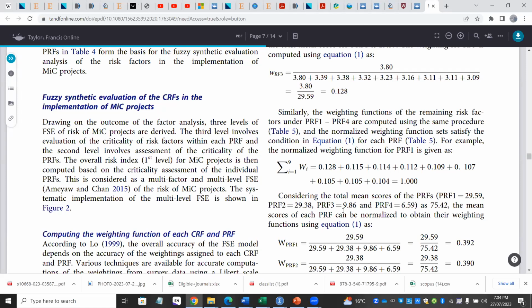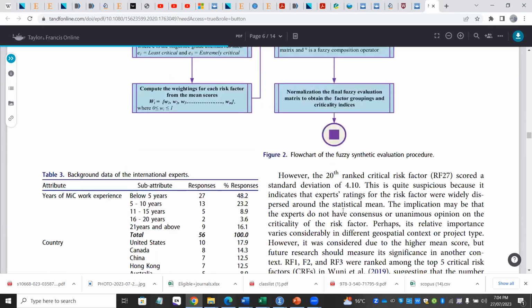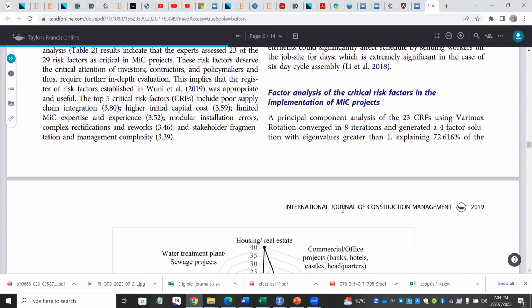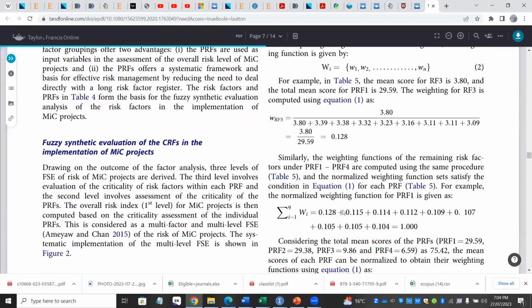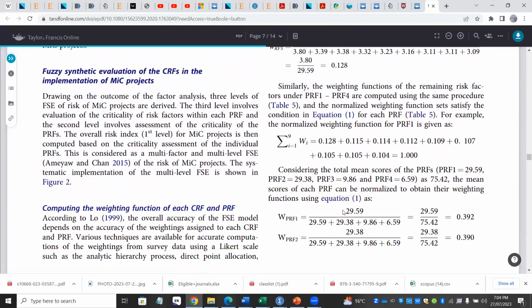Okay, that's good. Now let's keep going. Let's also call it the multi-factor analysis. So this is considered as a multi-factor and multi-level of the risk. The systematic implementation of the multi-level is shown below.